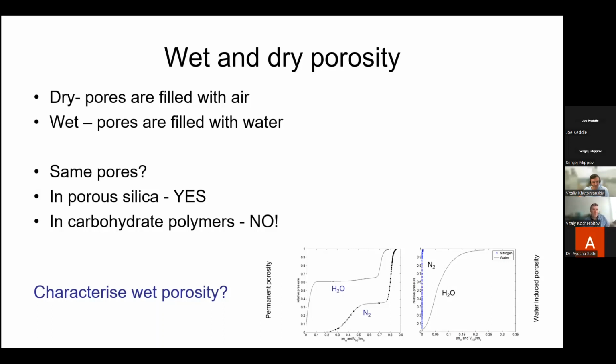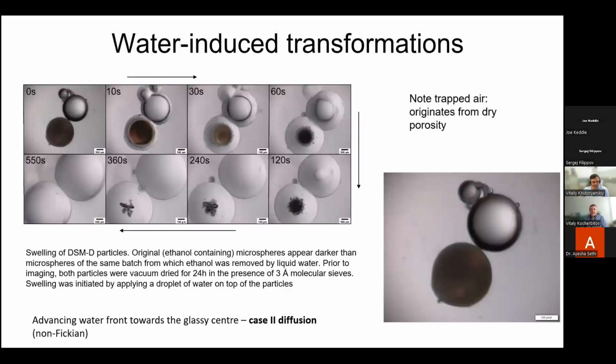But the question is: are they the same pores or different? The answer was partly given in the previous slides, where we showed that for another material, still based on carbohydrate, the porosity is non-permanent, the porosity is induced, and the pores are physically different. But how can we characterize the porosity in the wet state?